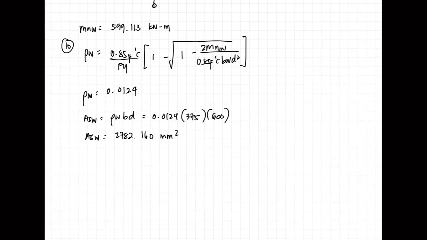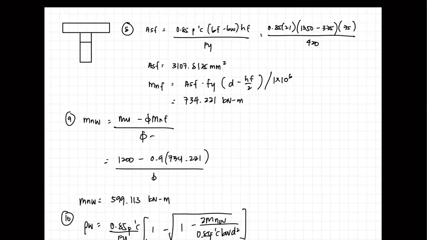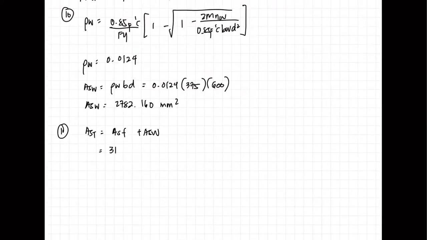Our total reinforcement needed is ASF plus ASW. So that is 3107.825 plus 2782.160 mm squared.